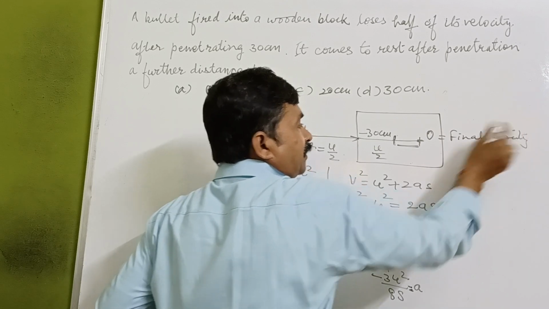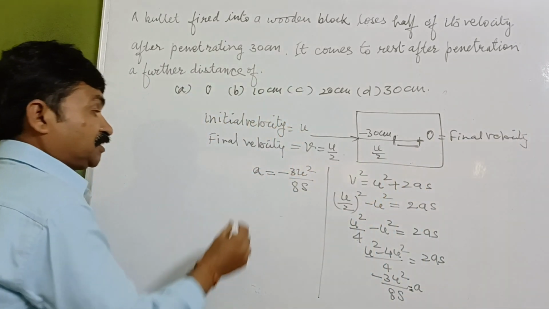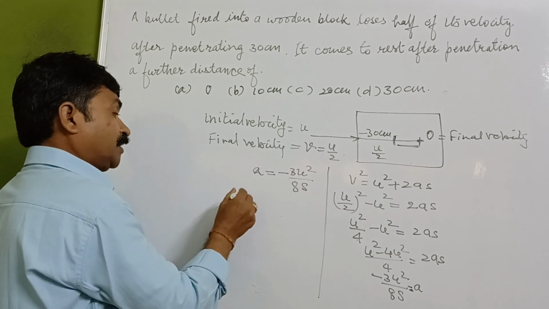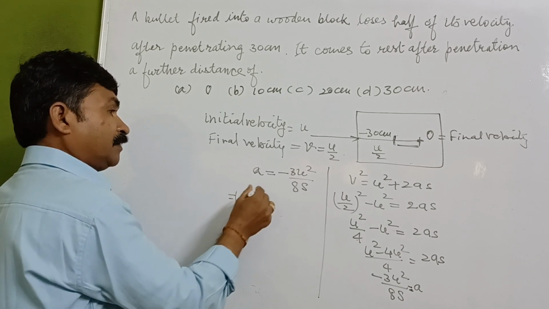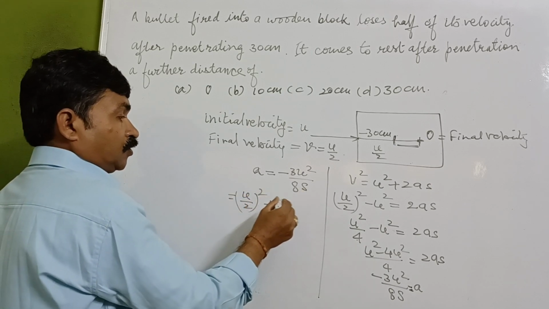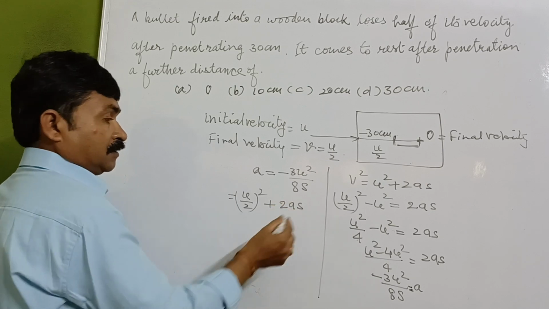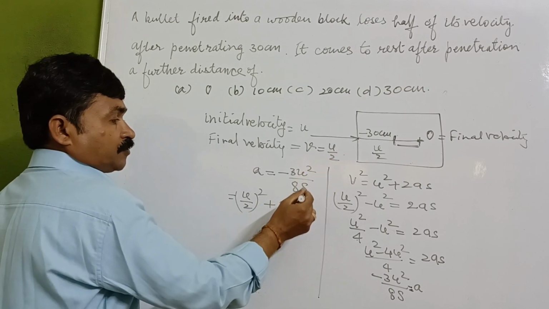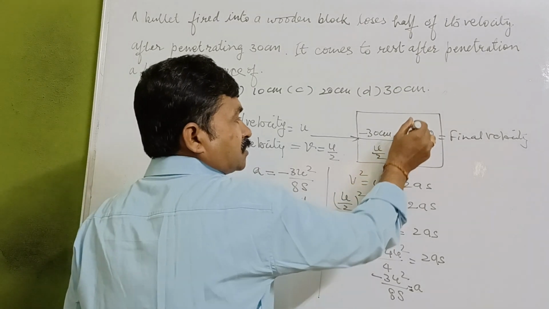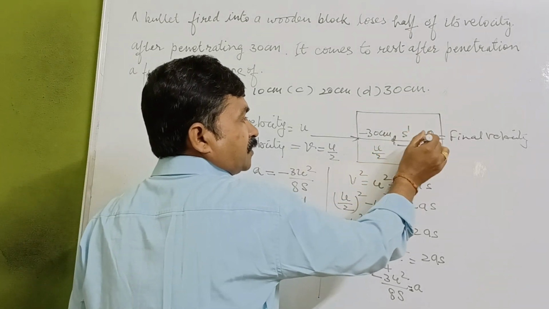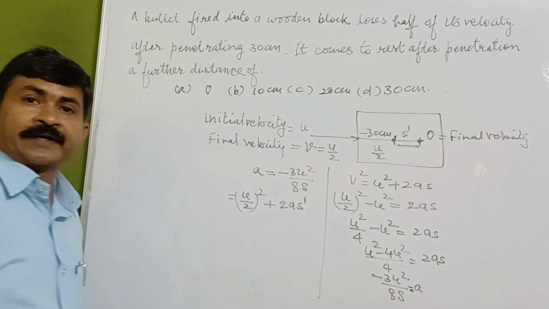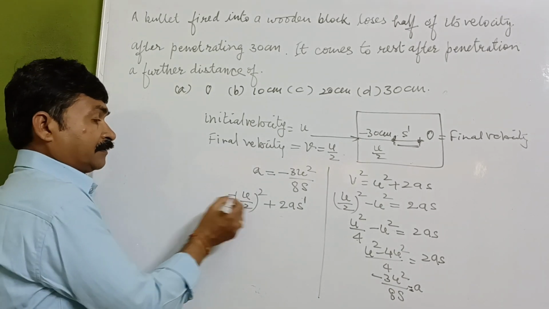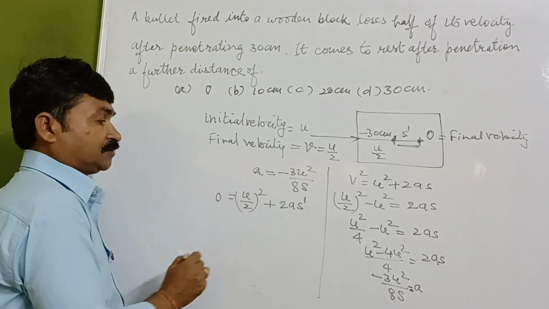So here we will take this u by 2 as the initial velocity. So it is u upon 2 square plus 2as. Now this distance we can assume s dash, from here to here. Here u by 2 and this is 0.